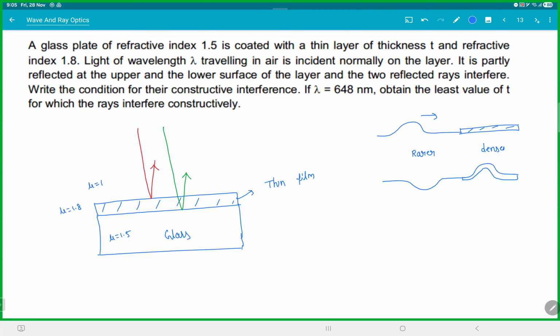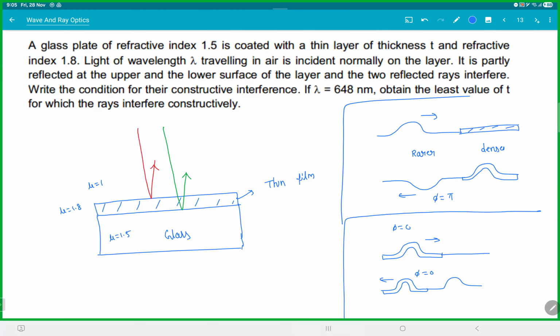So you will get a phase shift of pi. But if you go from denser to rarer, it won't happen. Remember this? Just because there's a reflection, don't put pi every time. You have to be careful whether it is going from rarer to denser or denser to rarer.